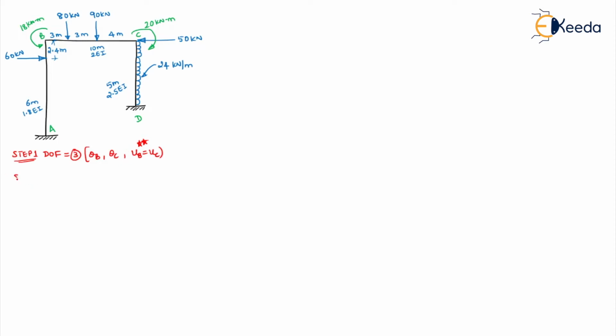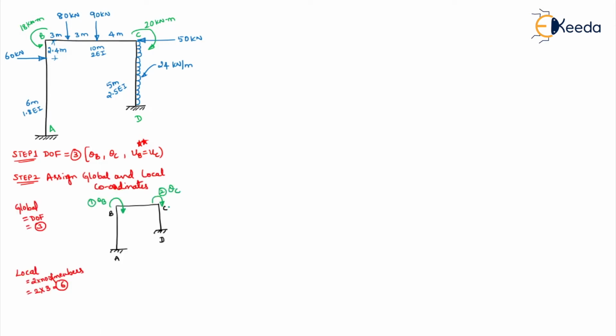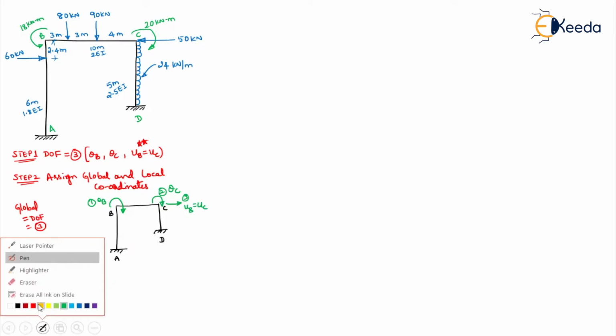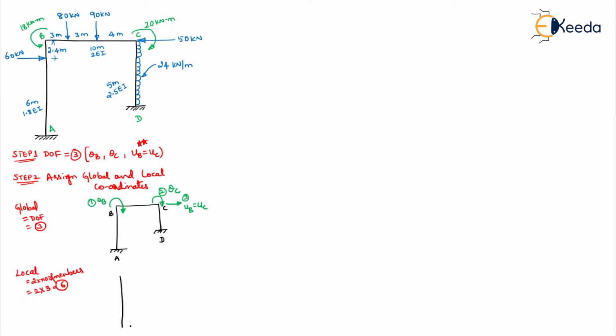Now what will be the second step? The second step is to assign your global and local coordinates. Here there will be one displacement, so let's call this your third coordinate. This is UB equal to UC. Now coming to the local coordinates, each member will have two local coordinates. Figures are not to scale, you don't have to worry.